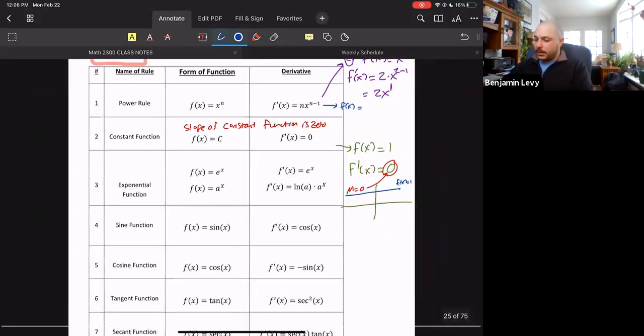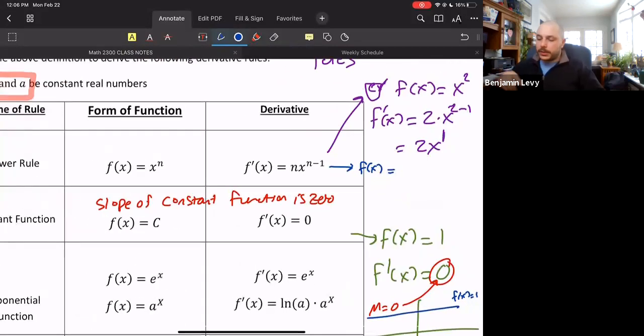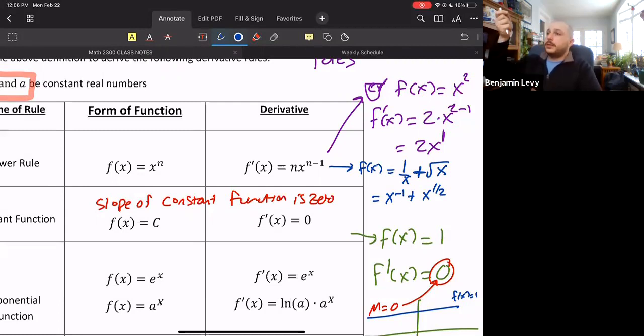No, I'm just kidding. Okay, so I just want to do one more power rule example. That's where we were. So what if we had something like this? 1 over x plus square root of x. We can think about that as a power rule by thinking about it as x to the minus 1 plus x to the 1/2. 1 over x doesn't look like a power rule, but when you write it as x to the minus 1, it does.